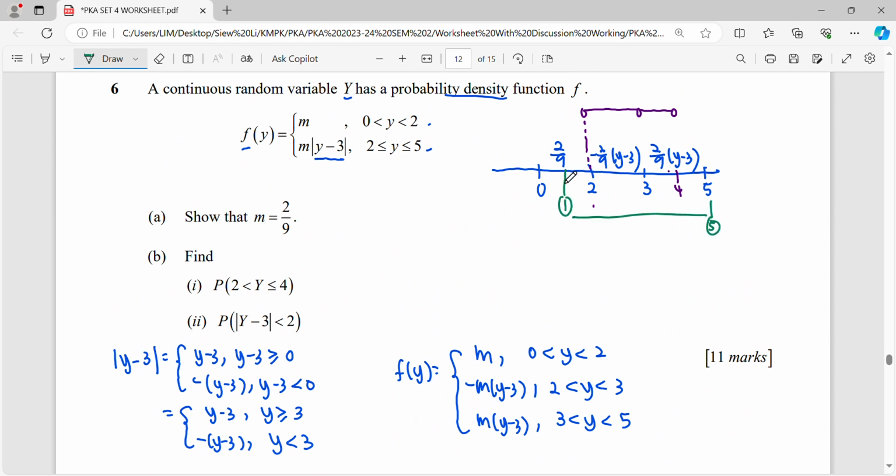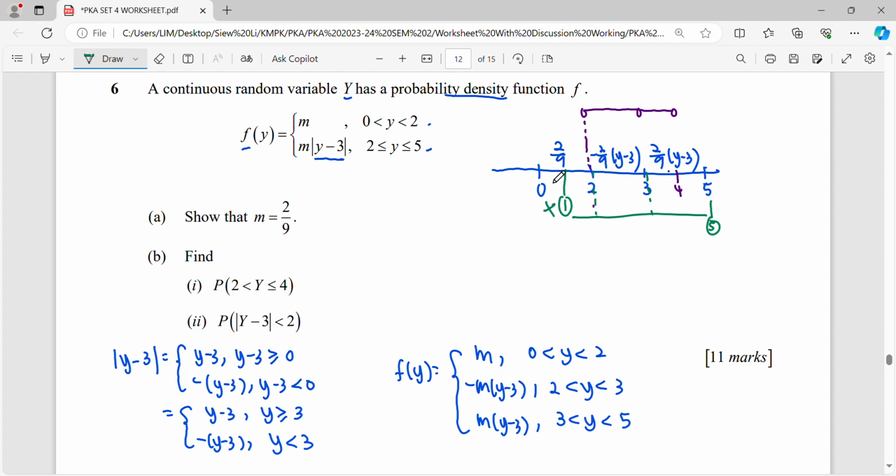So we are involving so many regions, which are 1 until 2, 2 until 3, then 3 until 5. So why not we just take the overall probability as 1, and minus off 0 until 1. When you take your region from 1 until 5, actually you take majority of the area already. So why not just minus the region that we don't want?